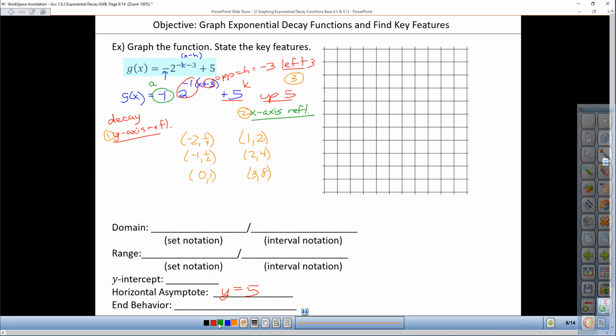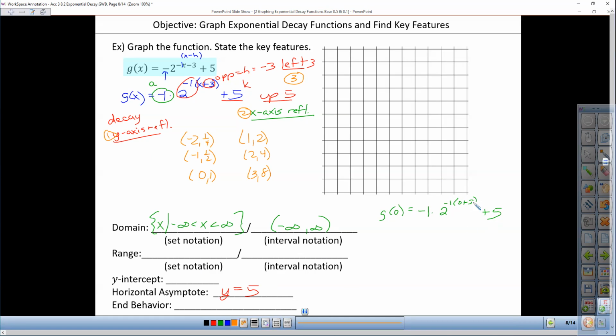So other things in our key features that we can do right now: domain, set of all real numbers. And y-intercept. So we're looking at g of 0. Again, use the rewritten structure to make sure you get the math right. So -1 times 2 to the power of -1 times in parentheses 0 plus 3, and then followed by the plus 5.